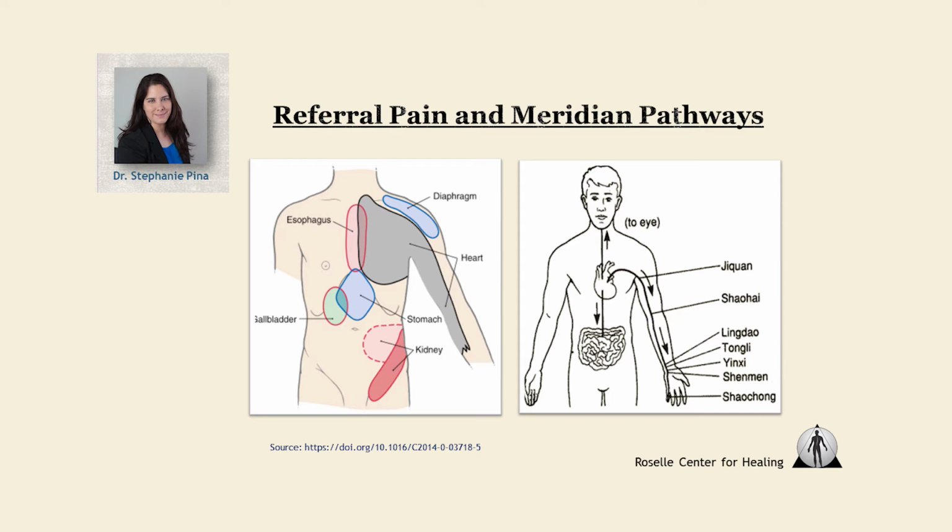Now, in Chinese medicine, on the right-hand side, you see where the arrows are, and that is actually the heart meridian. So what's interesting is that referral pain pattern essentially matches up where the heart meridian is on the body. So you can use any part of those areas to help affect cardiovascular function and blood flow, the same way that a referral pain pattern can also show up there too. This is just another way that Chinese medicine can be explained from more of a modern day approach that helps patients have a better understanding of how acupuncture works and how it may be helpful for them.